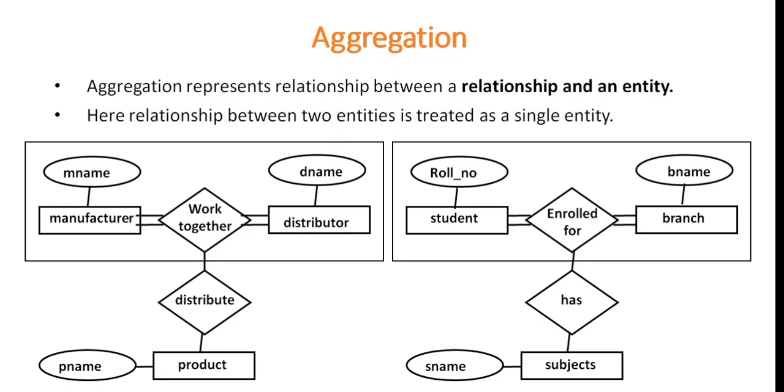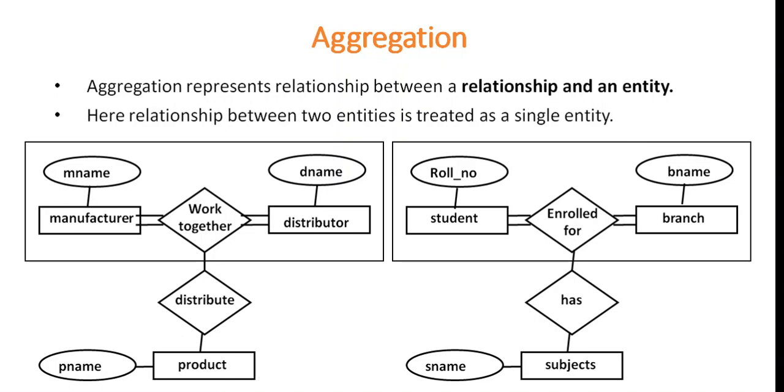we can combine relationships. See here, student and branch have the relationship enrolled for, student enrolled for branch. We have combined this relationship into one entity, and then we have given another relationship, that is has subject.